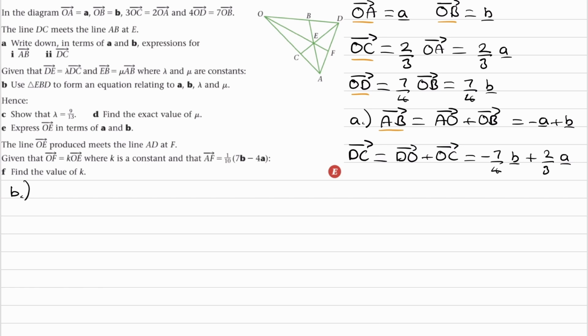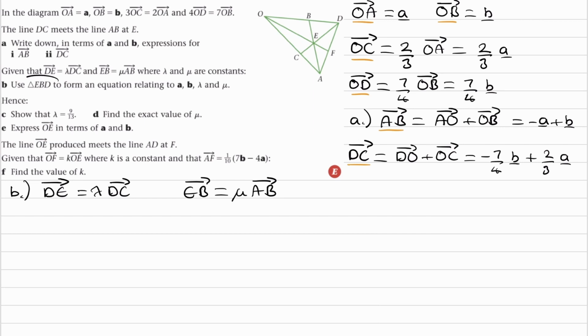Okay, so for part b, we are told that DE, so this vector here, is a scalar multiple of DC, which makes sense, they're all in the same straight line, so they are parallel to one another. And we're told that EB is equal to mu AB. So same kind of thing, EB is on the same line as AB, so they are parallel to one another.